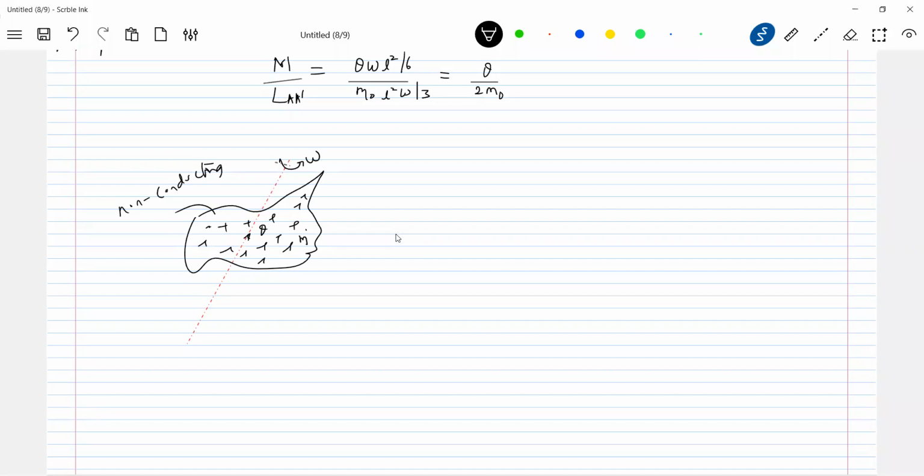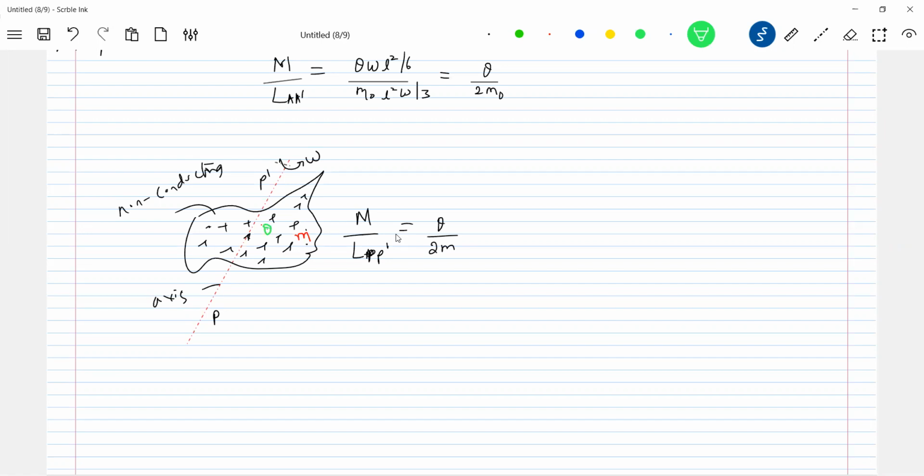So what is the ratio of dipole moment to angular momentum? Call this axis P dash. About any axis, this should be equal to how much? Total charge by twice the mass, q by 2m. Fine. So this is the one thing which you have to remember.